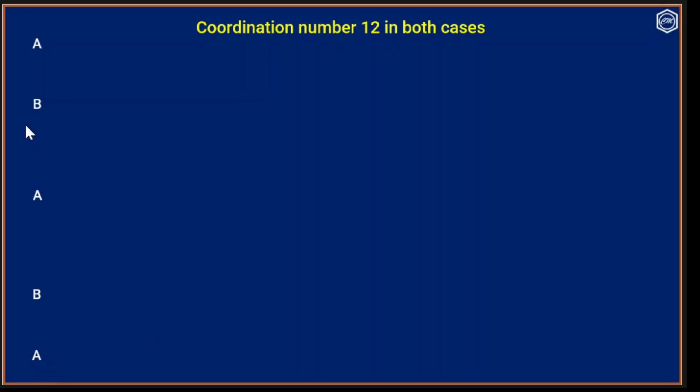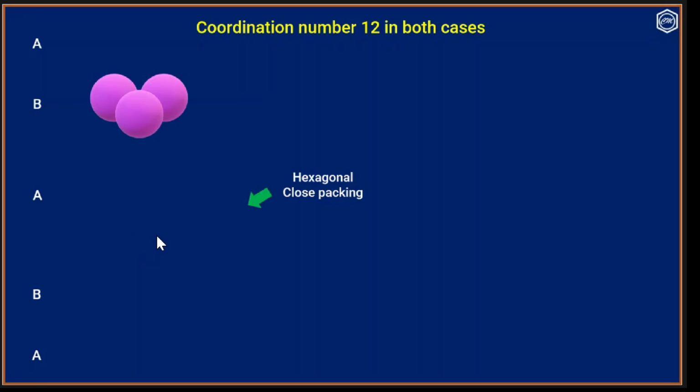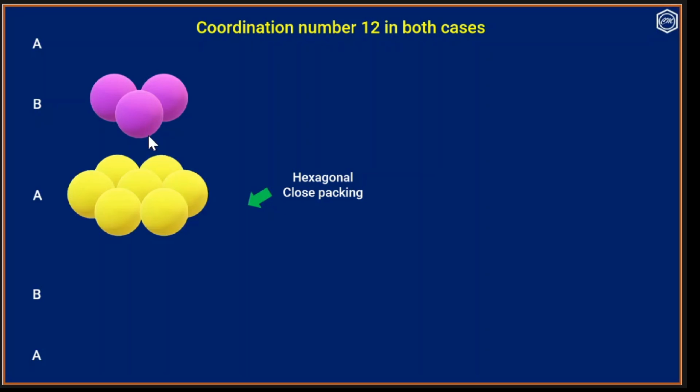So let this be hexagonal close packing, AB, and I am showing only 3 layers, that is B layer, A layer, and another B layer. Now this is the central atom of the A layer. When the B layer comes close here, it will touch these 3 holes.